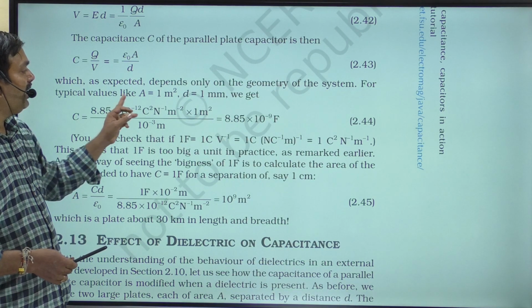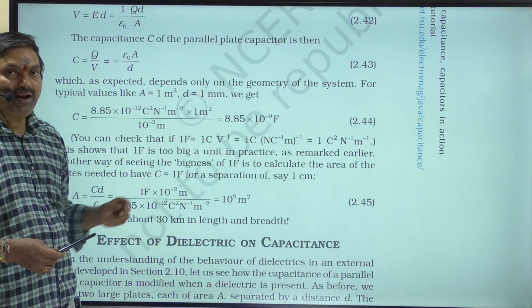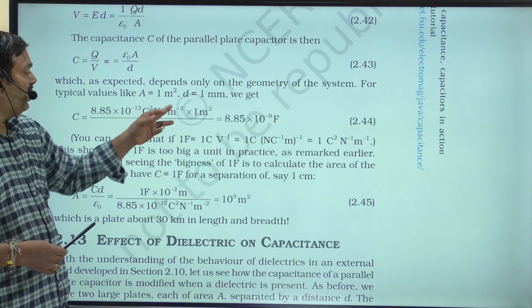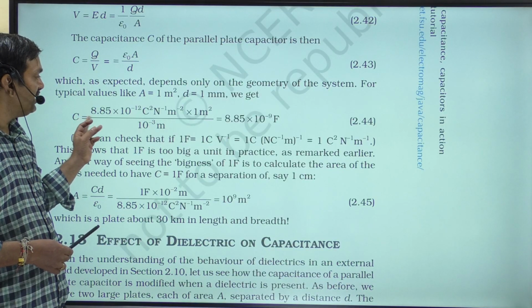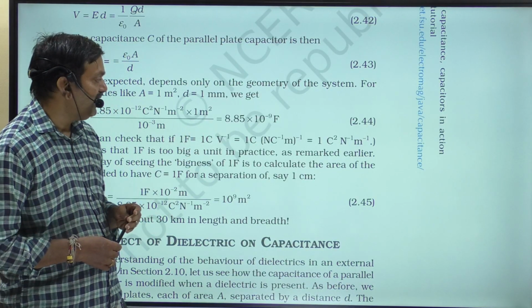Taking approximate values for C, for a special case of distance between plates as 1 millimeter and area of 1 meter square, you are going to get a capacitance value of approximately 8.854 into 10 power minus 9 farad.